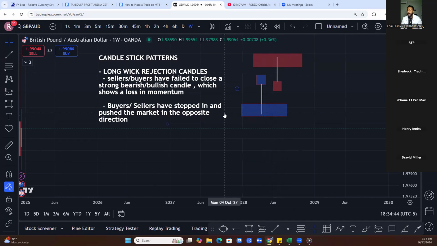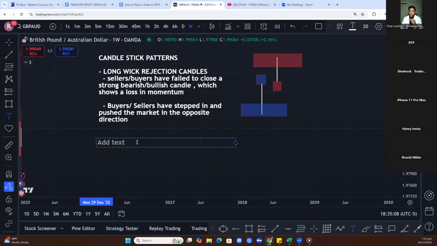Pretty simple. I'm going to show you it as it relates to the markets as well, but just let me take you along this journey so that when we get there, it's not difficult to remember. It's very, very simple. So that is number one, the long wick rejection. Number two, we're going to keep this simple.